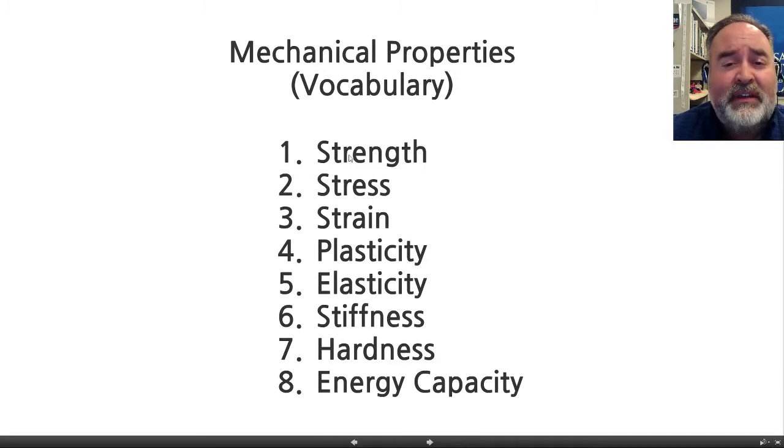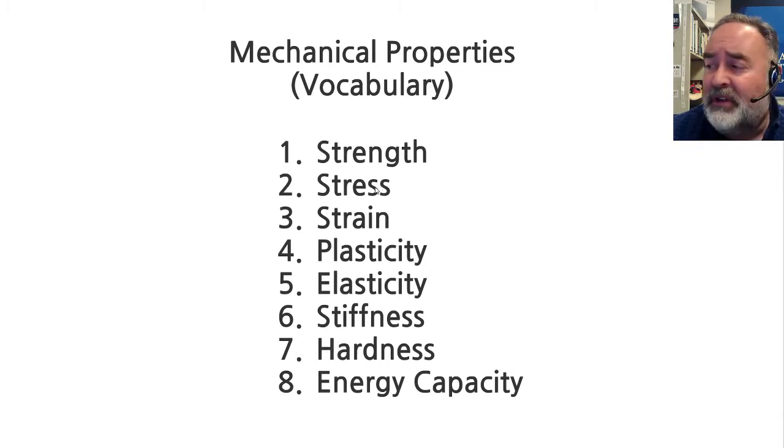And again, just as a review, we're talking about the mechanical strength of a material. How strong is it? We measure how strong something is by pushing or pulling on it. That's why it's called a mechanical property. It's a machine. That's going to give us values of stress. And again, the units are force per unit area.